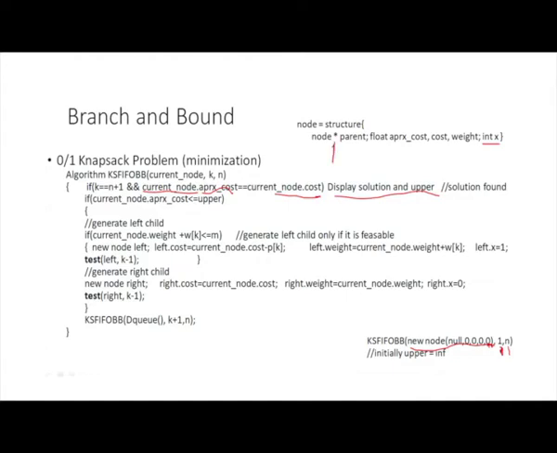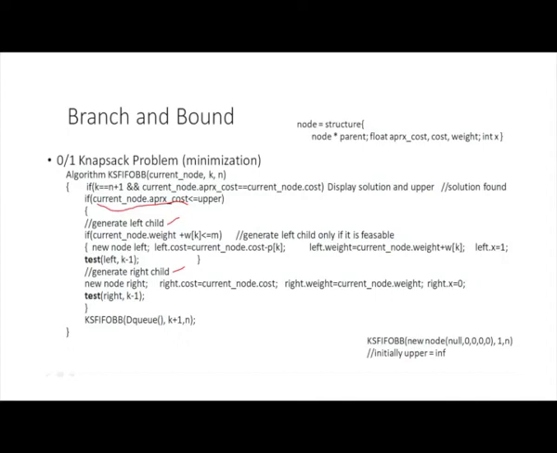We'll simply traverse the parent link of each node from the solution node up to the root and display the solution, and this upper value at that point of time would be the minimum possible cost. Now if it's not the solution node, for an intermediate node, we see if the approximate cost for this particular node is less than upper. So if this node is a possible solution node, in case its lower bound is less than or equal to the upper bound, then we generate its left child and the right child.